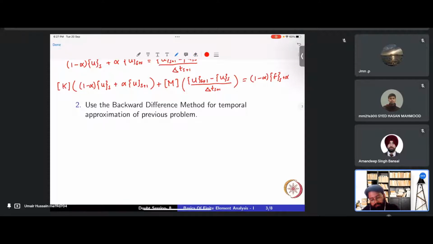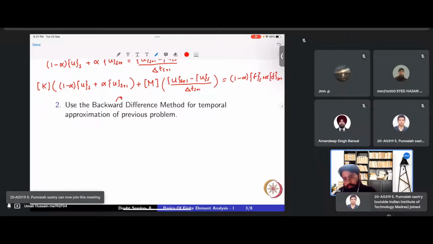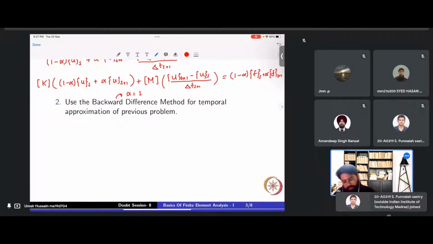I'll wait if someone is willing to help. Okay, then we'll go forward. For the backward difference method, the value of alpha is 1. So we'll just substitute it here and get things simpler for us.